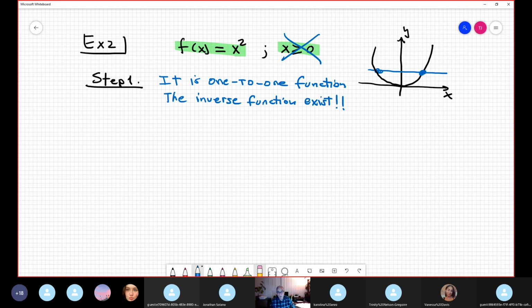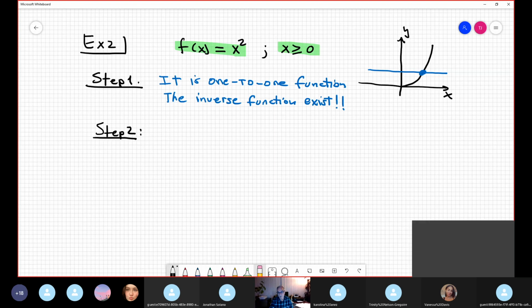But no, it's obvious that our problem contains this restriction. It's not the full parabola, it's half of a parabola, maybe the positive branch or the negative branch. Doesn't matter. Does everyone follow me with this idea? Yes or no? Good. Jonathan Solano said yes.